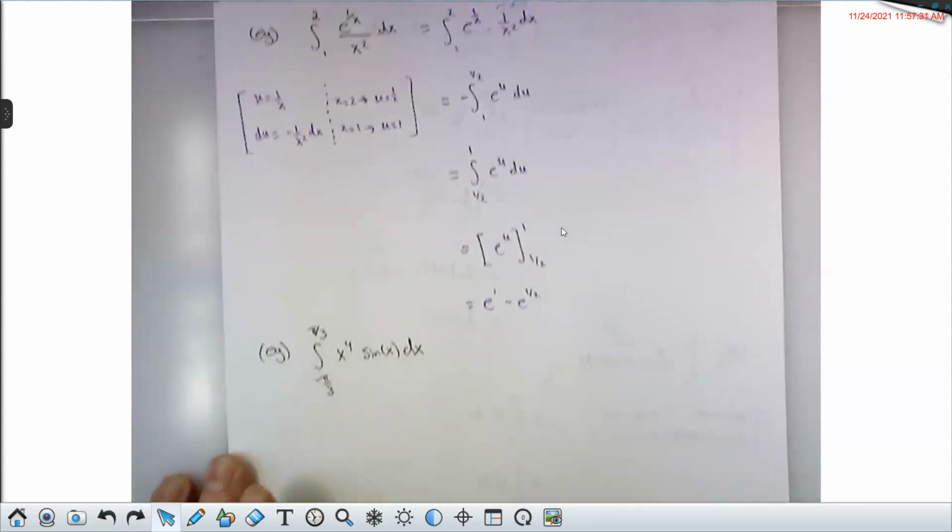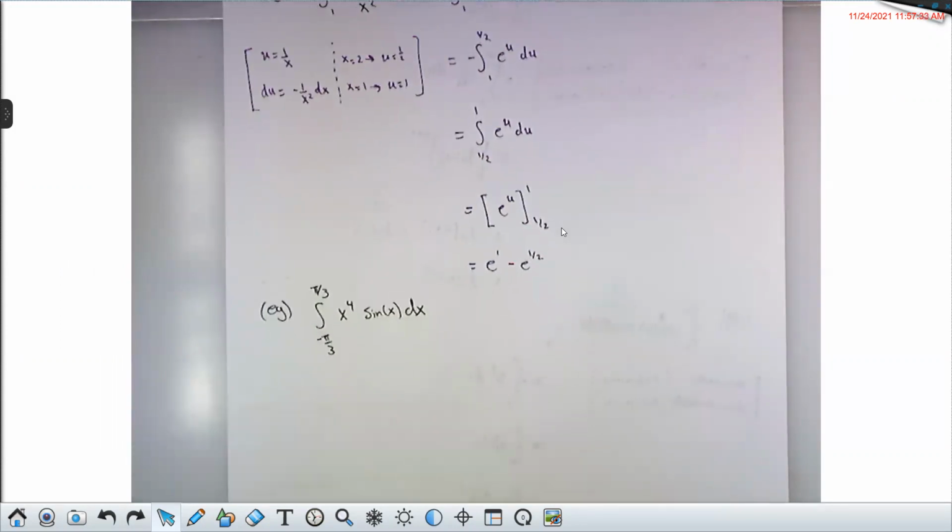It scares me. Any thoughts? We could use symmetry.